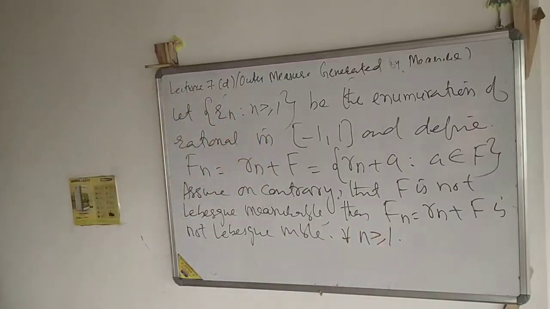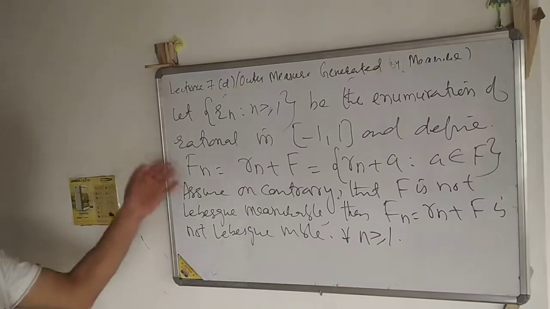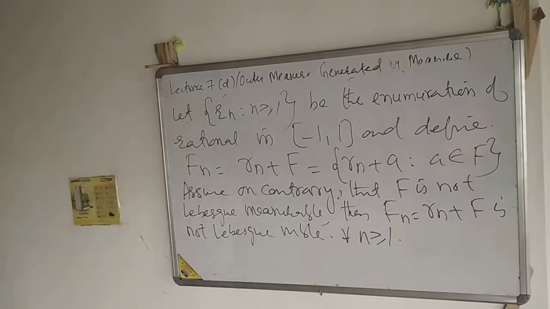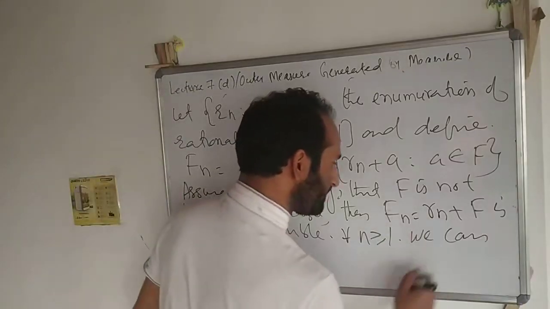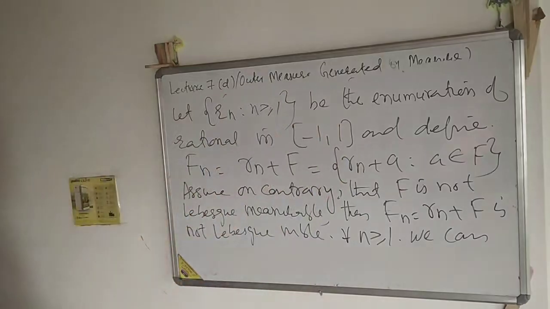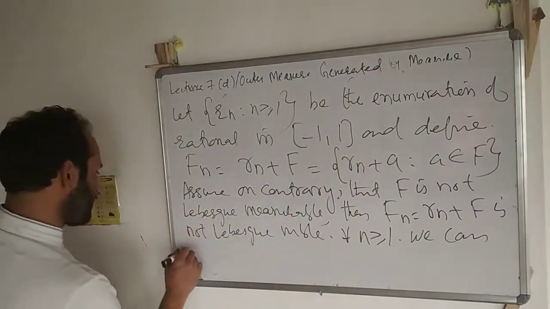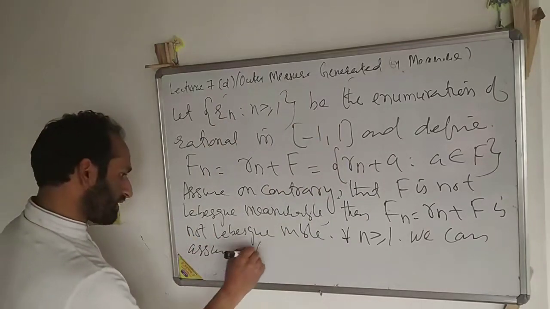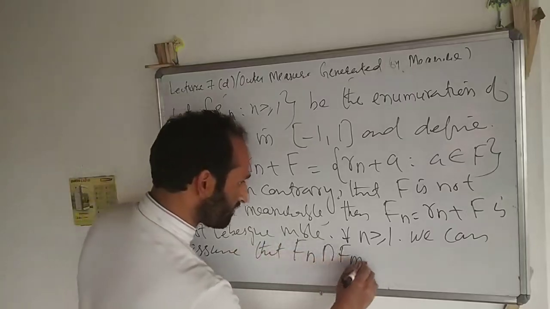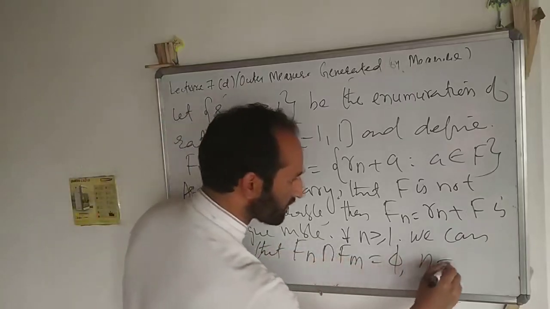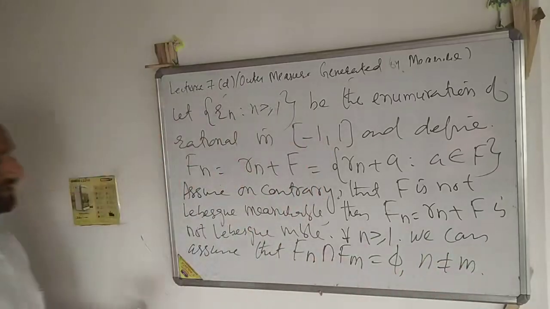Also, one can easily verify that these F_n's are disjoint by using the equivalence relation. We can easily verify that. Suppose there is an element in the intersection, and finally you arrive at a contradiction. So F_n intersection F_m is empty for n not equal to m, and they are disjoint.